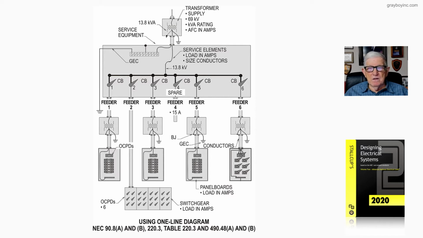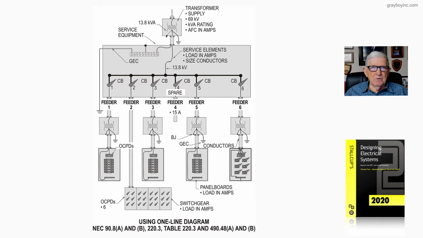And then, of course, in this diagram, you're reviewing 90.8A and B, 220.3, table 220.3, 490.48A and B. Those sections would need to be reviewed.